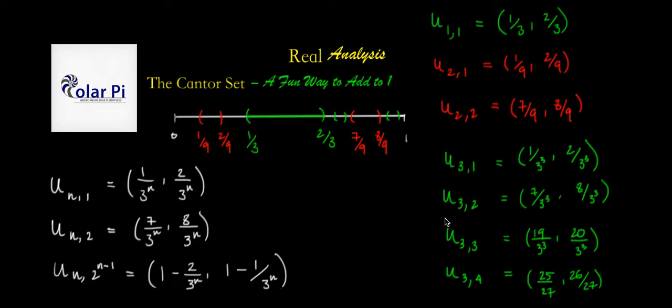And of course, like for the 25 over 27, what we did is like we took the length of one of the open intervals when we get to the U3s, which is like 1 over 27. That's the length of one of them, right? And we subtracted 2 of them because we would have gone like this much to get to this guy, and then the same amount to get to this other end for the 25 over 27.